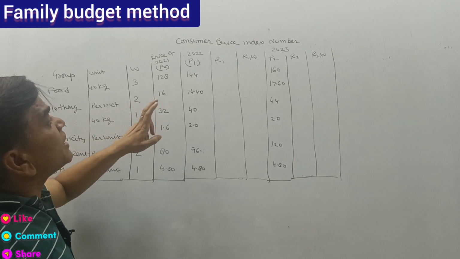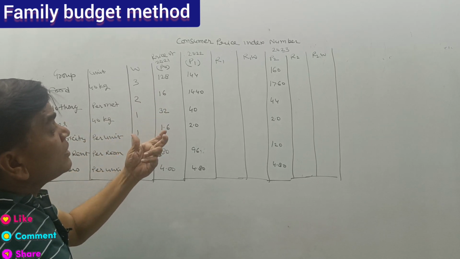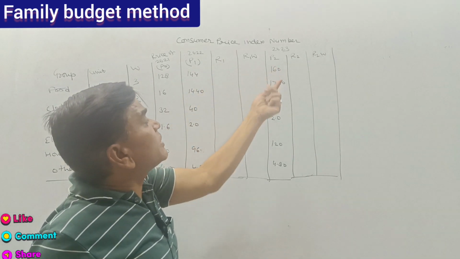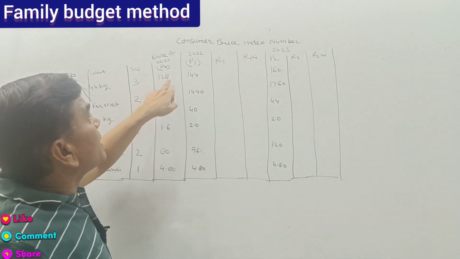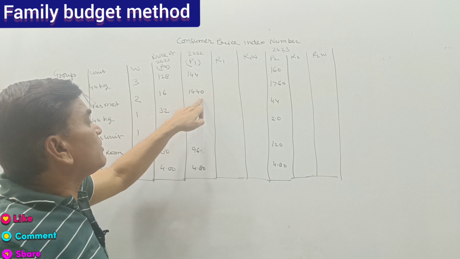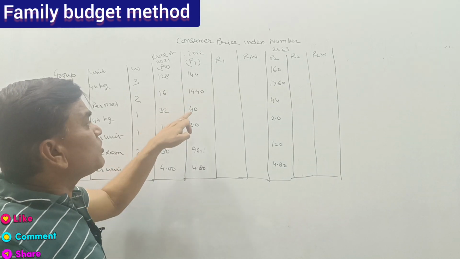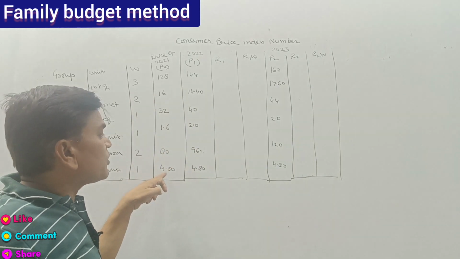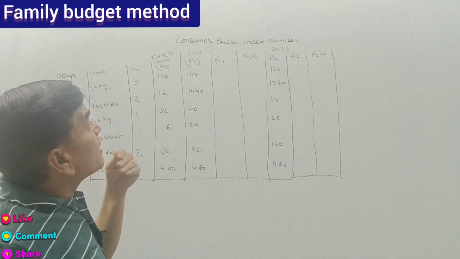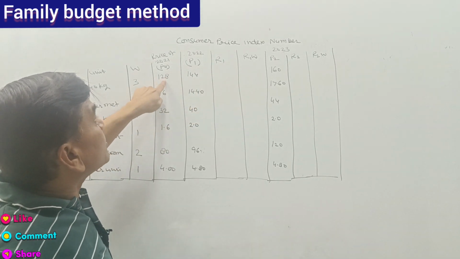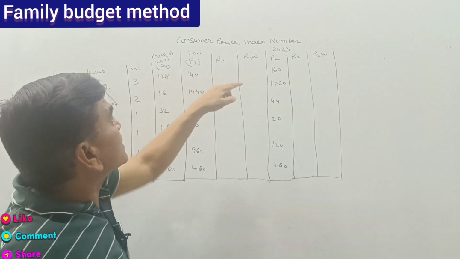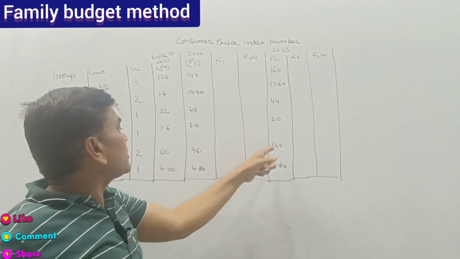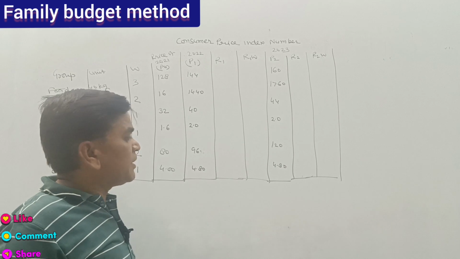The prices in 2022 compared to 2021 change from 128 to 144, 16 to 14.4, 32 to 40, 1.6 to 2, 80 to 96, and 4 to 4.80. In 2023, compared to 2021, 128 to 160, 16 to 17.6, 32 to 44, 1.6 to 2, 80 to 120, and 4 to 4.80.